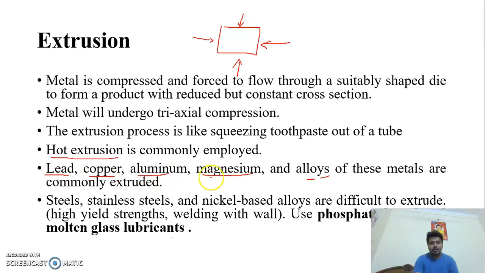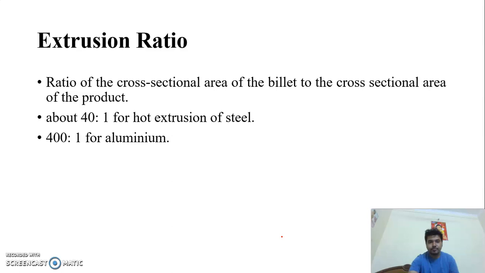For more deformation we need ductile material. We can also extrude less ductile materials like steel, stainless steel, and nickel based alloys, but we have to give proper lubrication to these metals to get the extruded part.